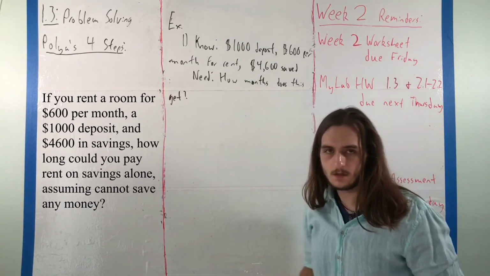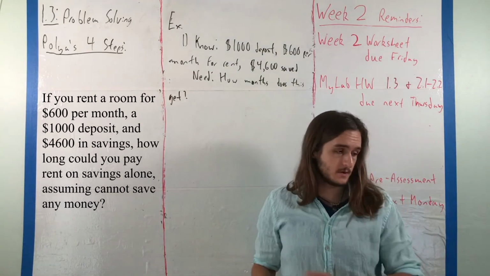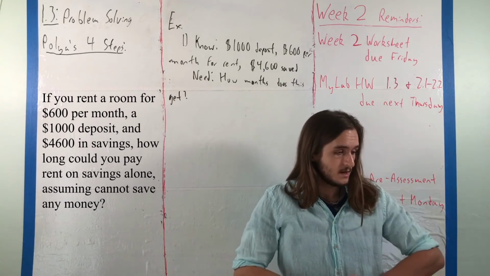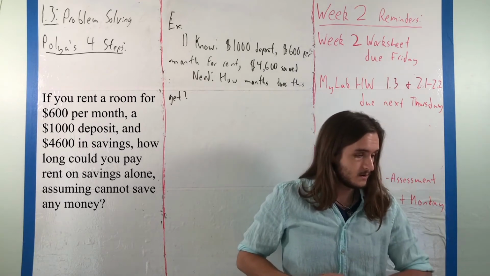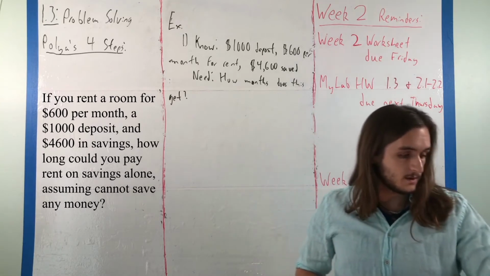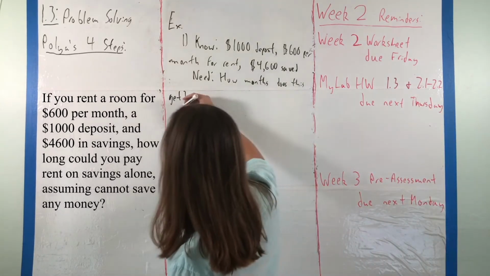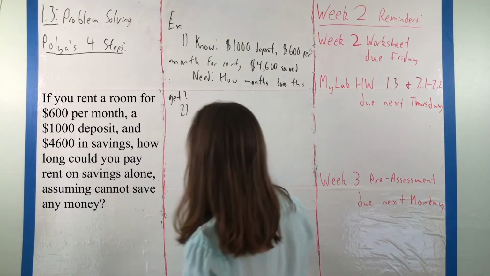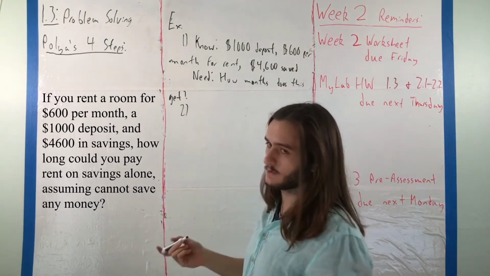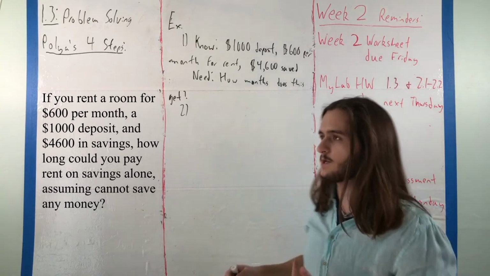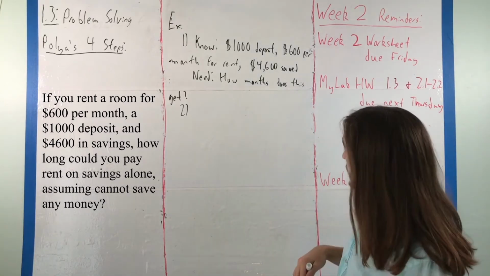Okay. Now that we have a sense of what it is that we're actually trying to do, our next step would be to come up with a plan. Come up with a plan for how we can figure out what we're doing here. So, thinking about this, what we really just want to do is think about what information we have and how it immediately gets applied.